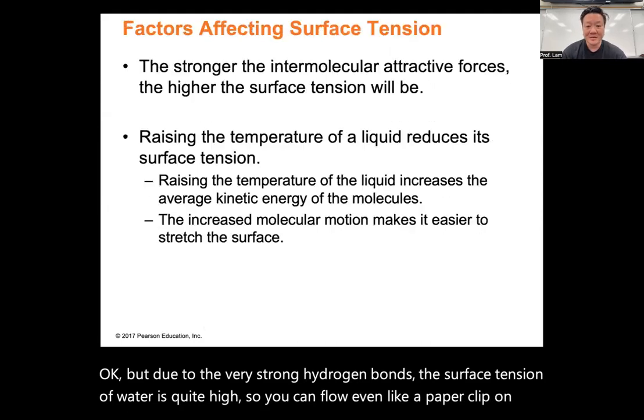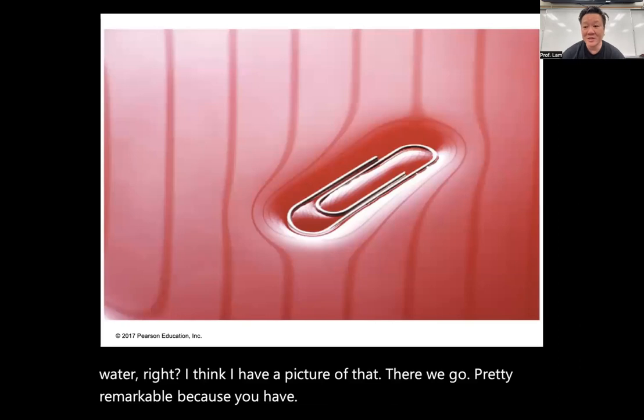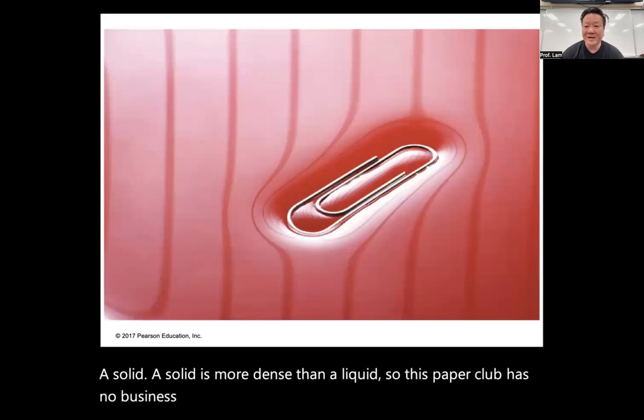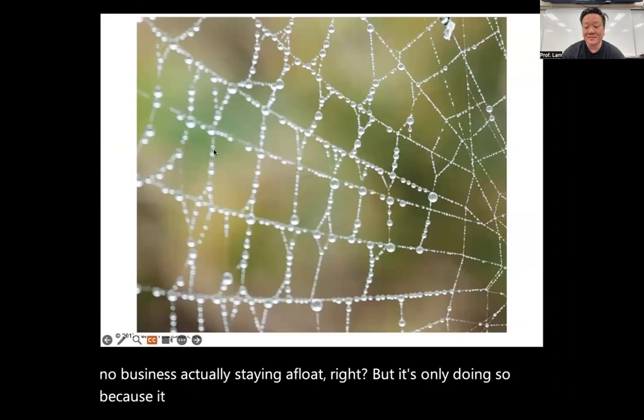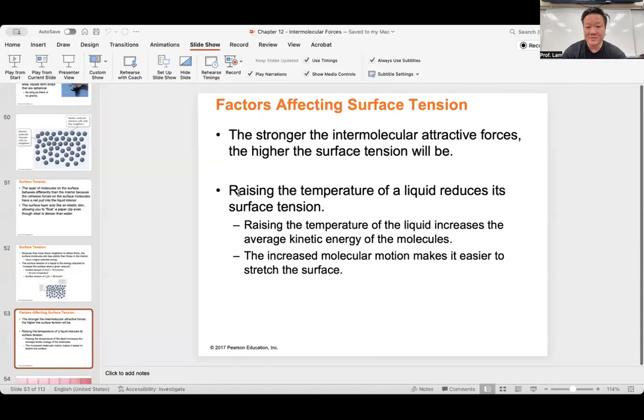I think I have a picture of that. There we go. Pretty remarkable, because a solid is more dense than a liquid. This paperclip has no business staying afloat, but it's only doing so because the hydrogen bonding of the water is helping it to do that.